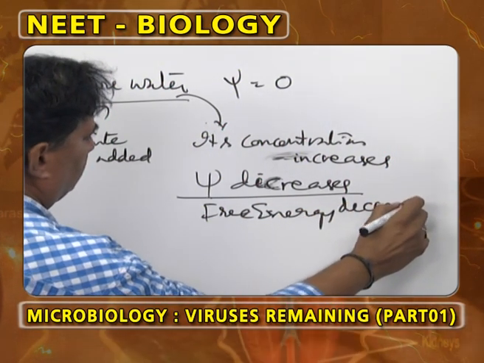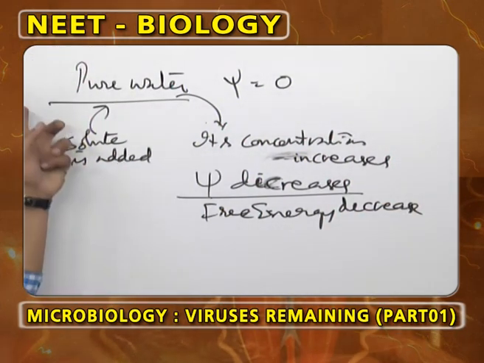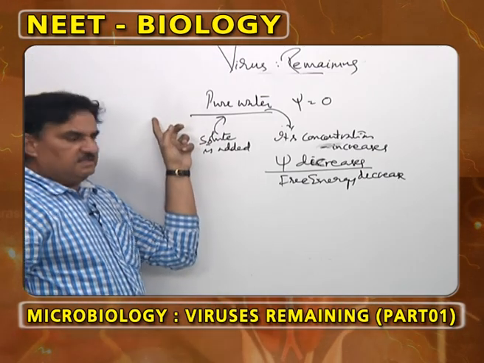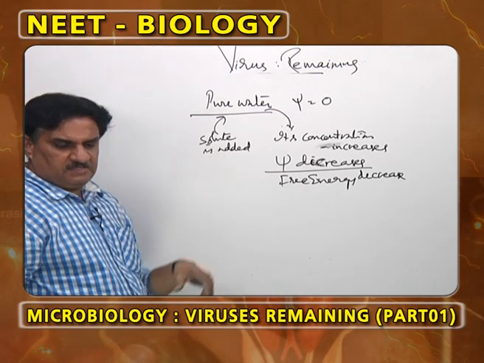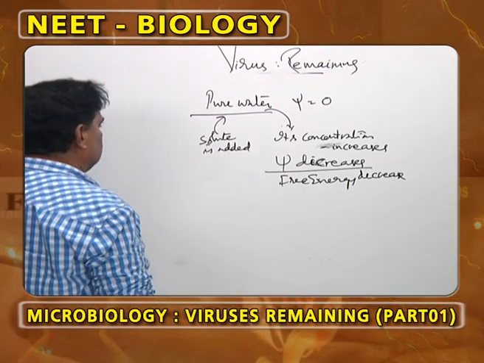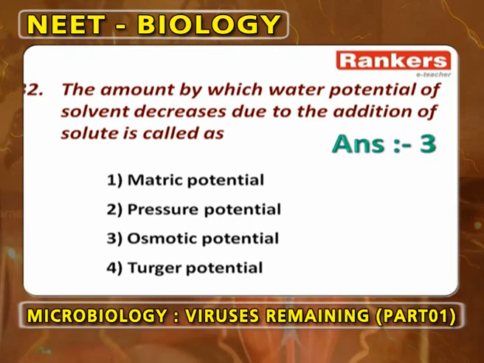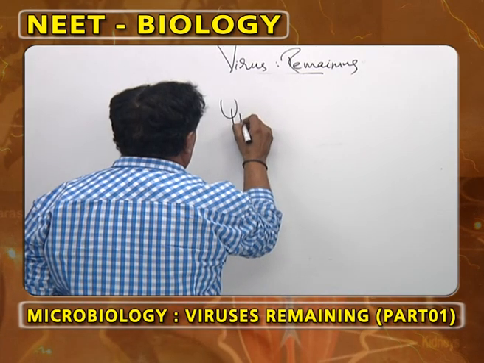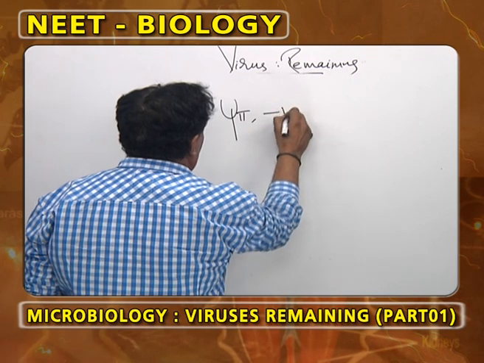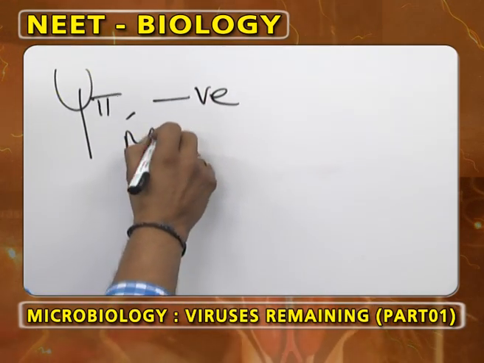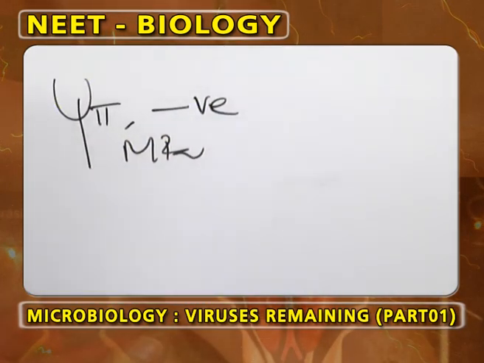The amount of decrease in the water potential of pure water due to the addition of a solute is popularly called solute potential or osmotic potential, denoted by the symbol psi pi, and its value is always negative, and it is also measured in megapascals.